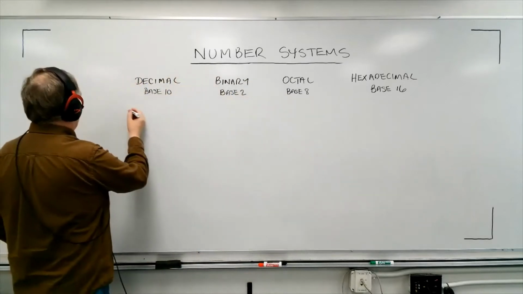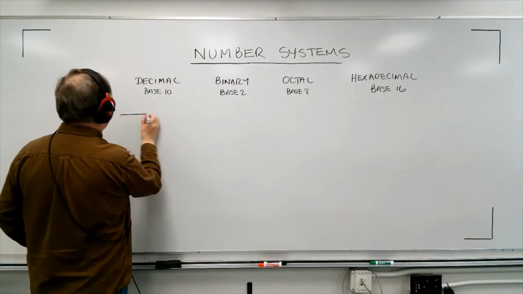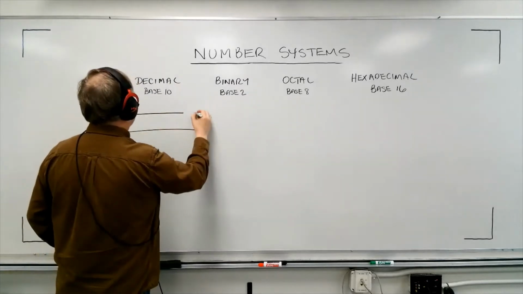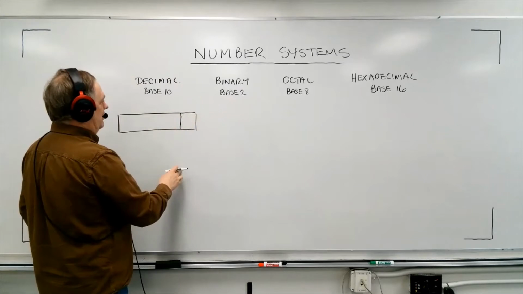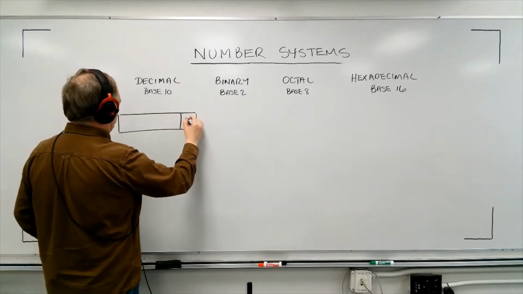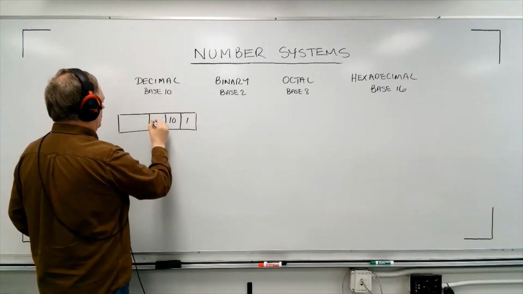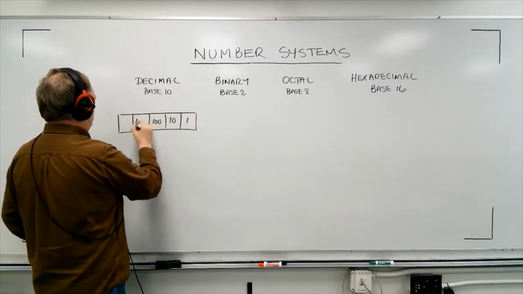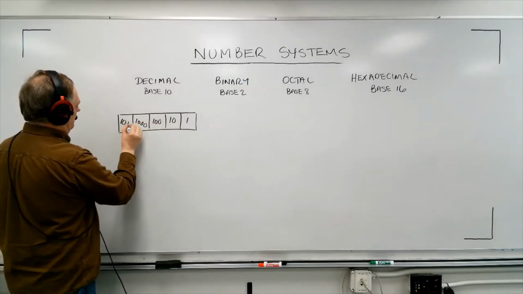All right, under the base 10 number, I'll write them right in here. So this is 1, 10, 100, 1,000, and here is 10,000.